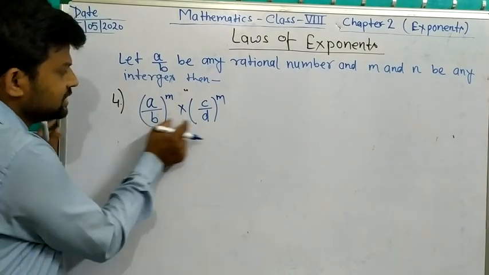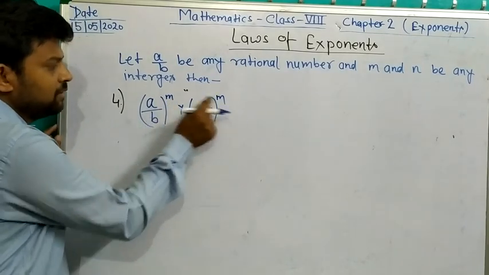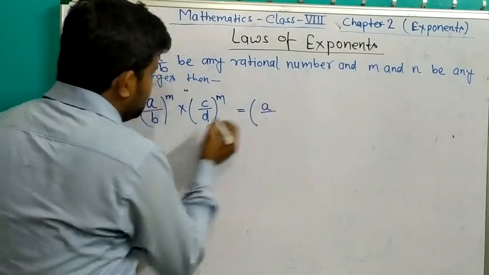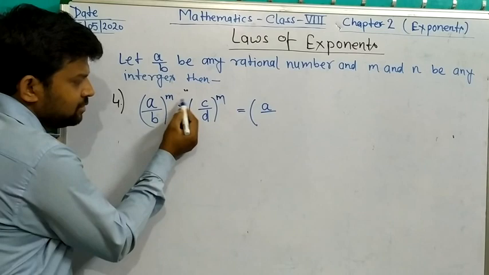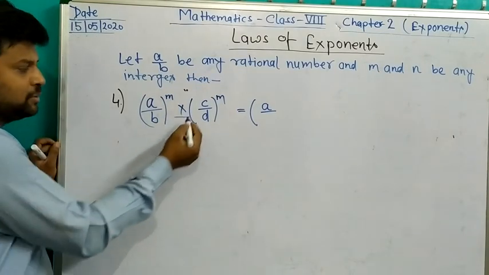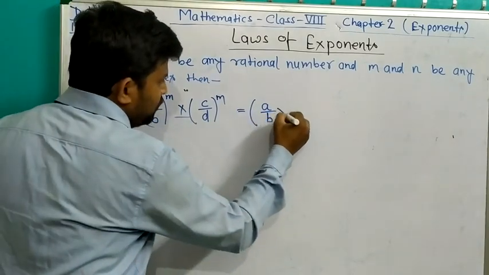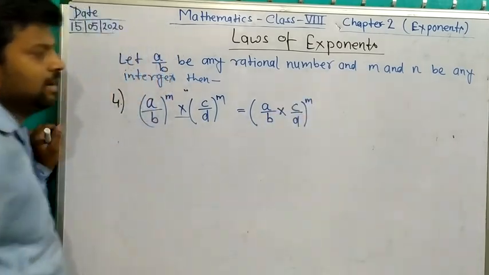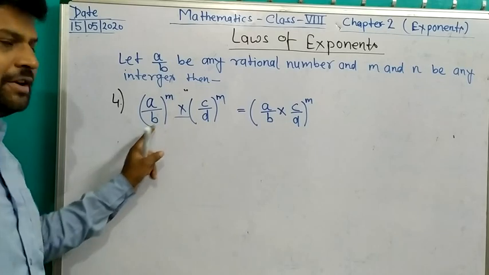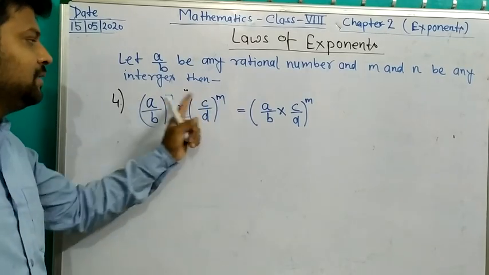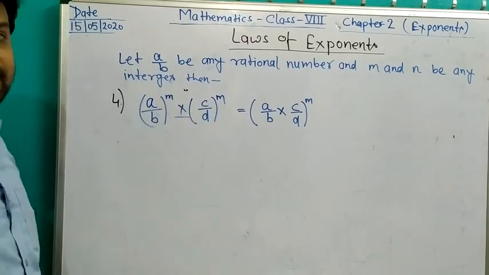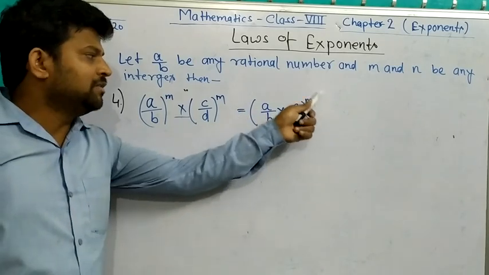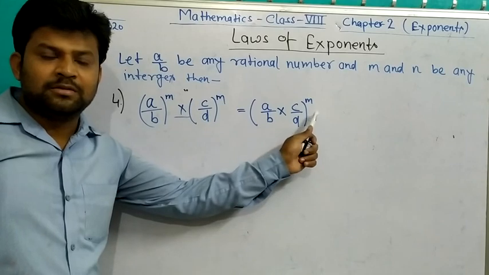When bases are different but powers are the same, and the operation is multiplication, it means product. Then we write (a/b × c/d) whole to the power m. When bases are different and powers are the same, we write the product of the bases whole to the same power.